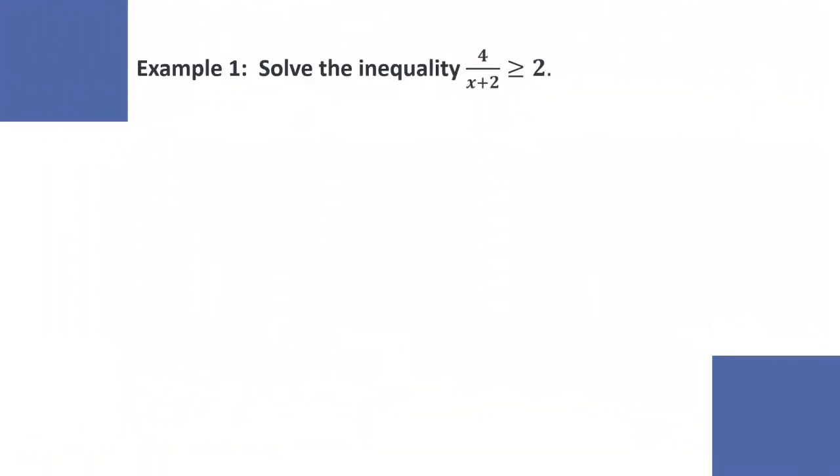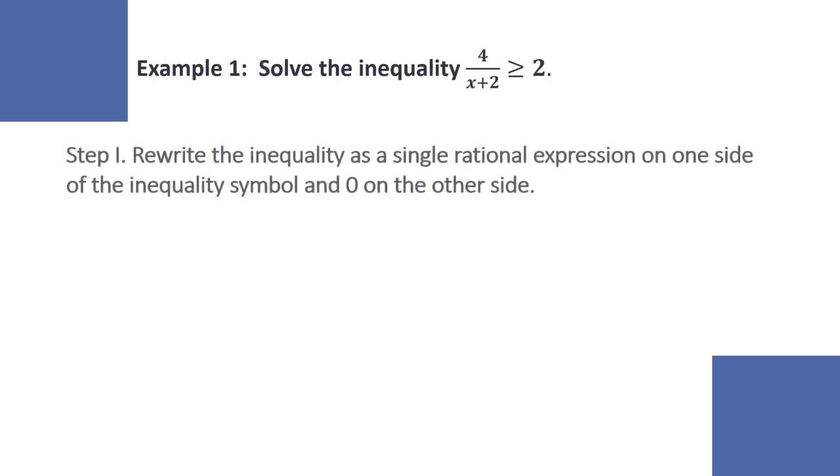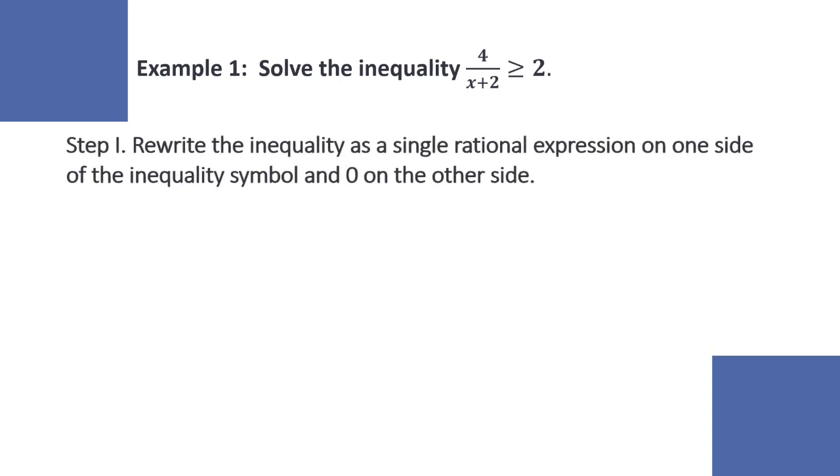Example number 1, solve the inequality 4 over x plus 2 is greater than or equal to 2. As step 1, write the inequality as a single rational expression on one side of the inequality symbol and 0 on the other side. How will you do this? So 4 over x plus 2 is greater than or equal to 2.